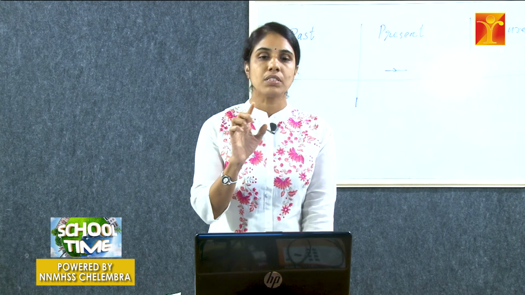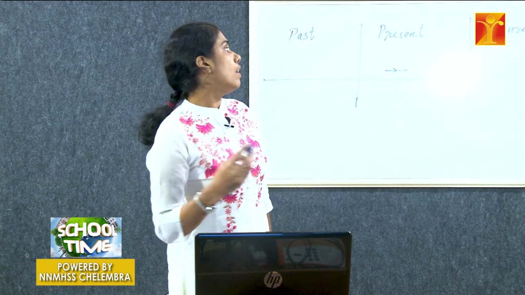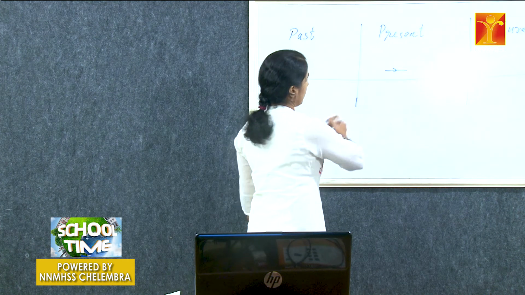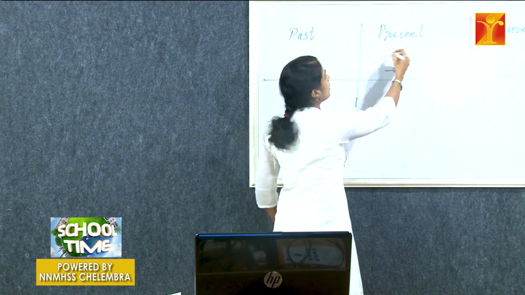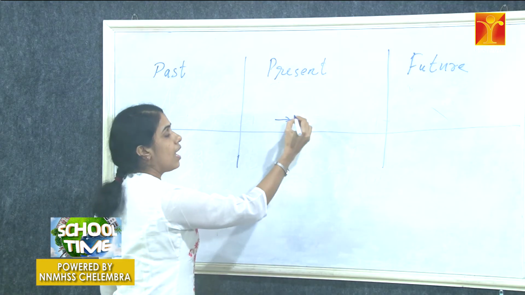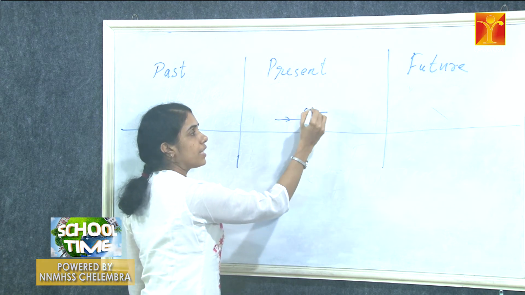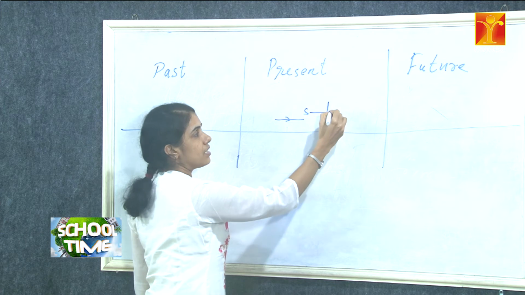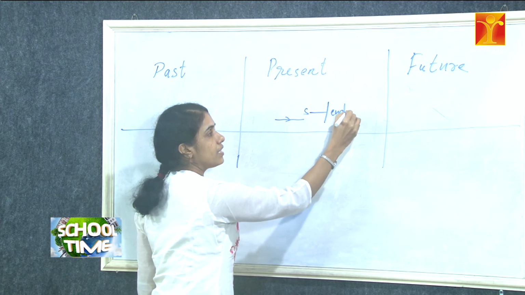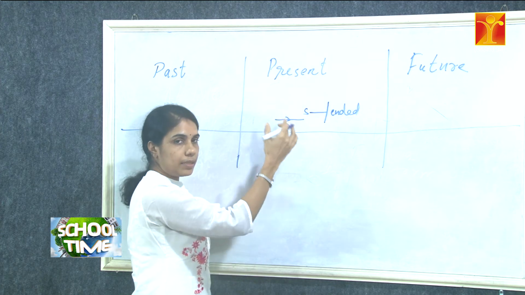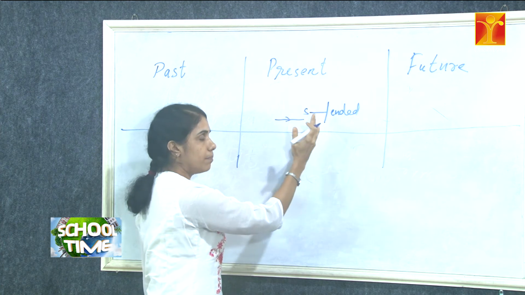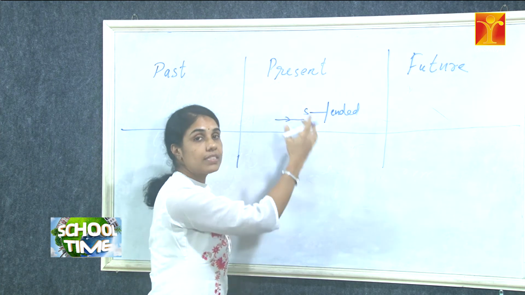To express such an action, we use the present perfect tense. See, we can see that present perfect tense. A thing happened, started or began, and it is completed, ended. In the present time it also completed, but its effect is still there.